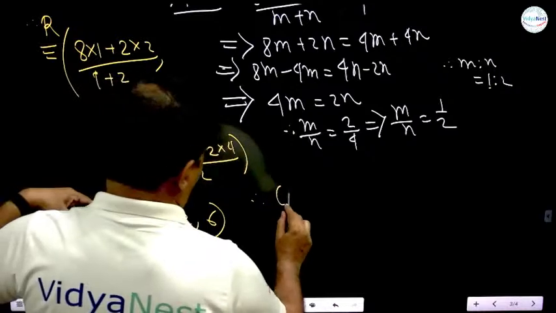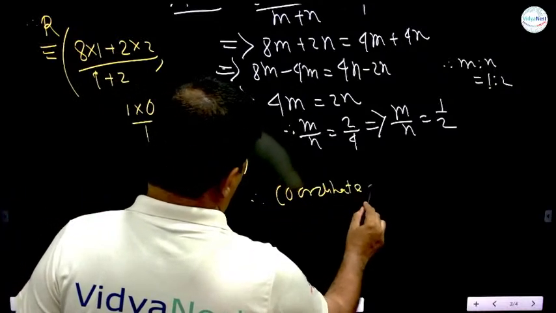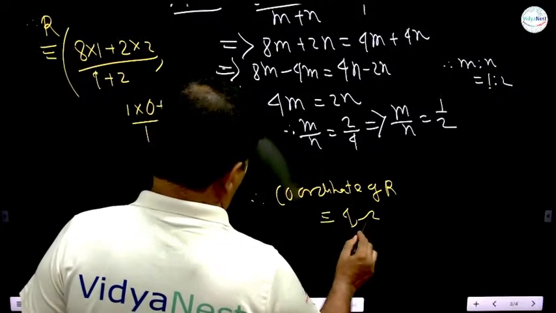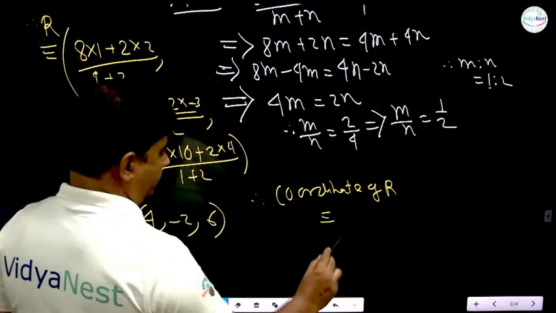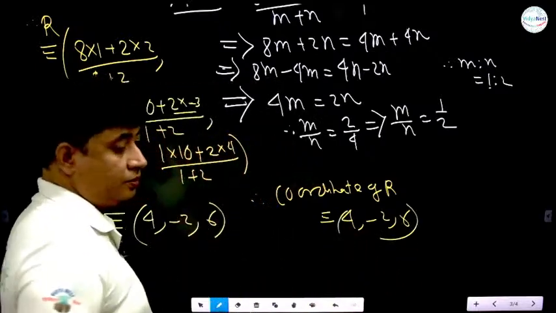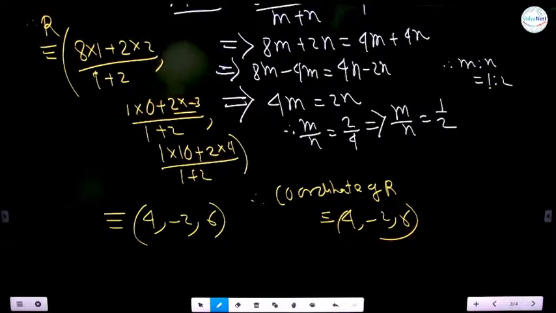Therefore, the coordinates of R are (4, minus 2, 6).